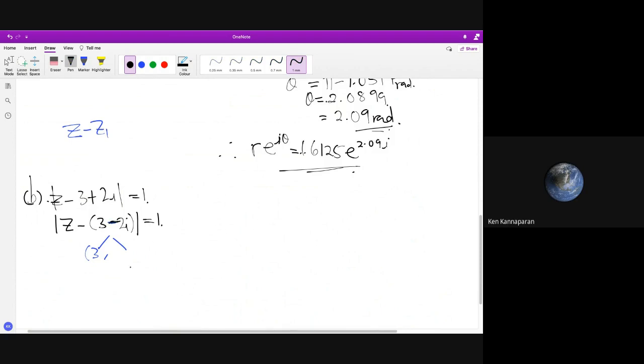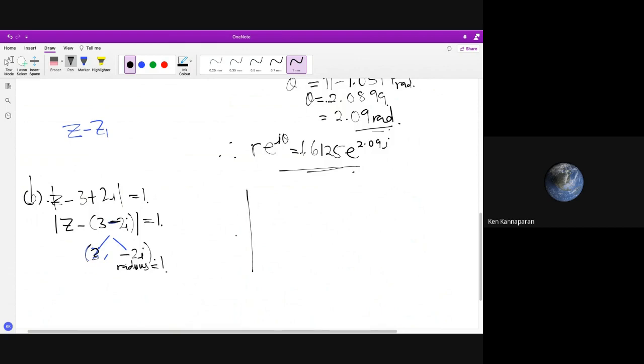Don't just be quiet. Because it has to be minus and then plus, so it has to be 3 and negative 2i. So once you have that, we know the coordinate is 3 and minus 2i. And what is the radius? Radius 1, yeah. Okay, so quite simple. It's not really a challenging question if you know how to do this.